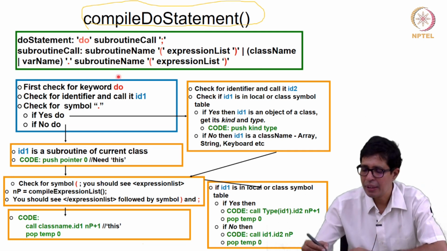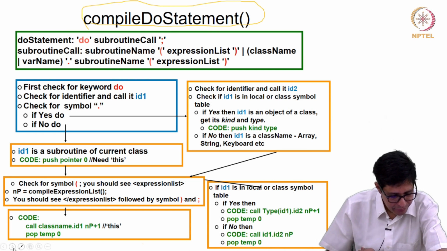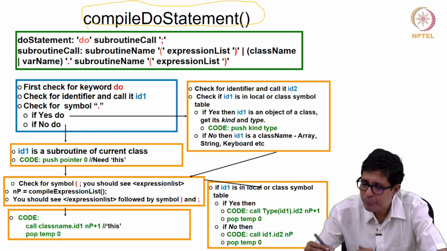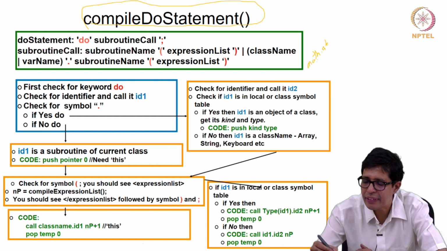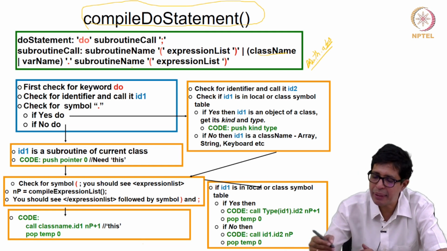For example, if I say math dot abs, then this is a class name followed by a subroutine name.